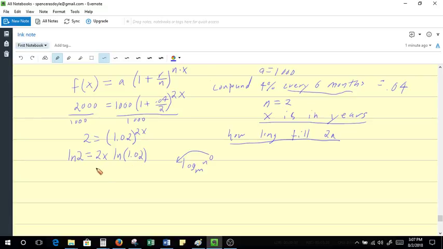And then we just divide to get x by itself, ln 2 over 2 times ln 1.02. And we can throw that into a calculator to receive 17.5.